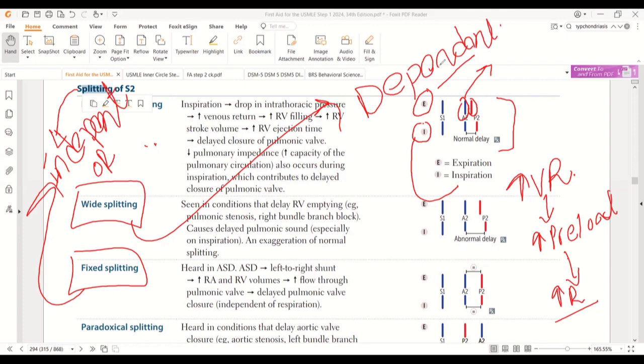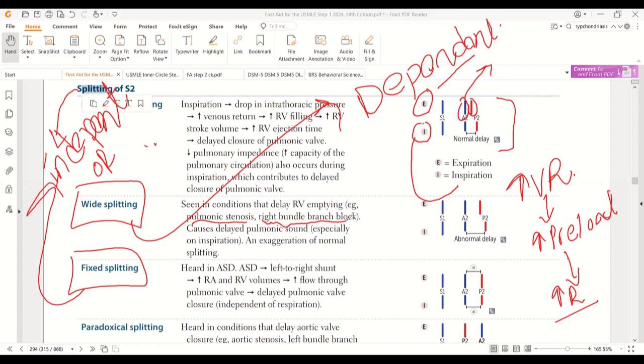So the causes of wide splitting are pulmonic stenosis and right bundle branch block, right? All of these things interfere with the closure of the pulmonary valve.